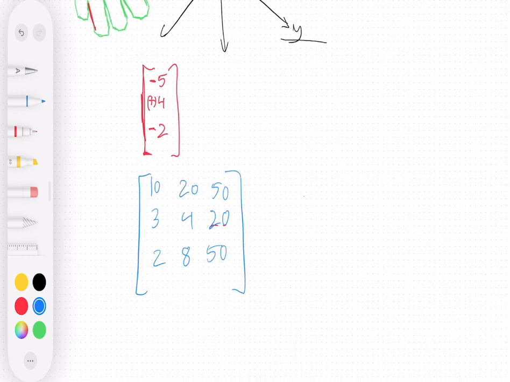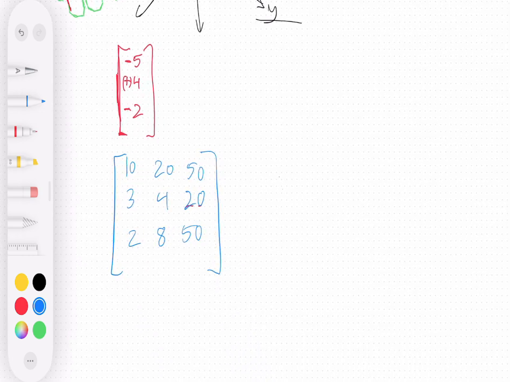Let's write down the very general method for a change of basis.